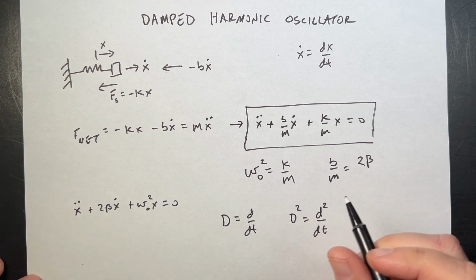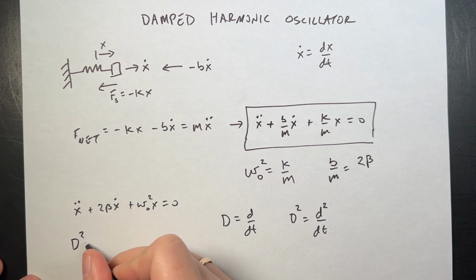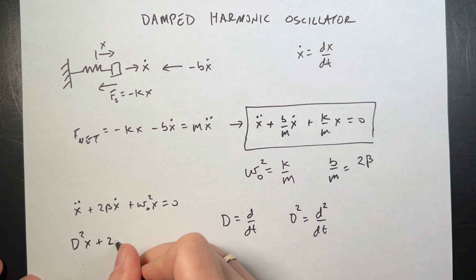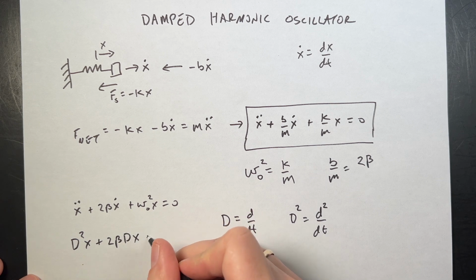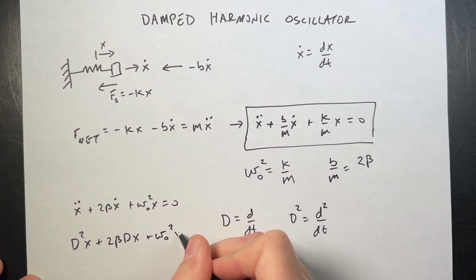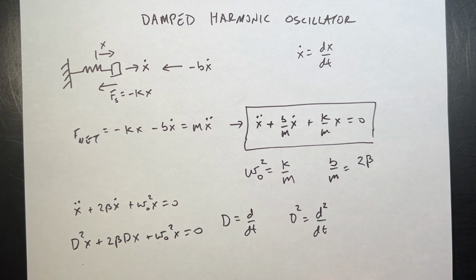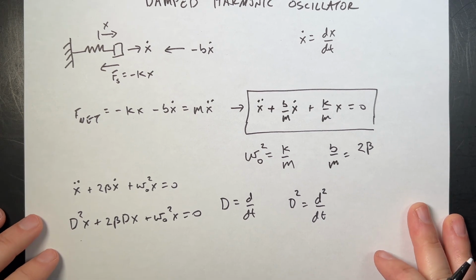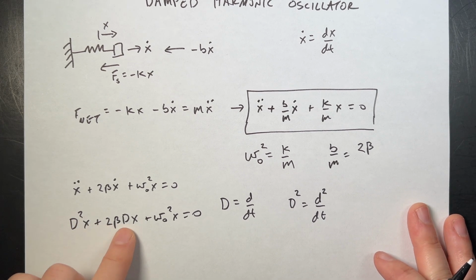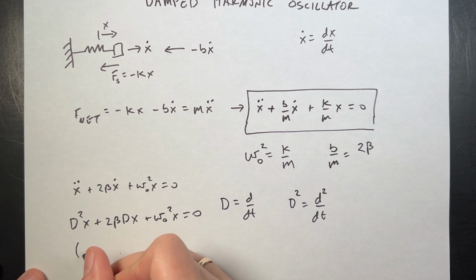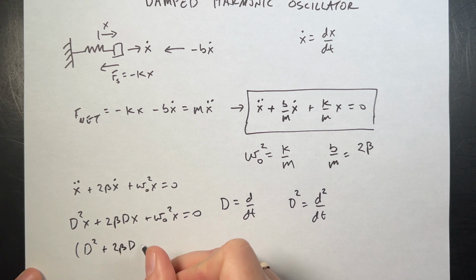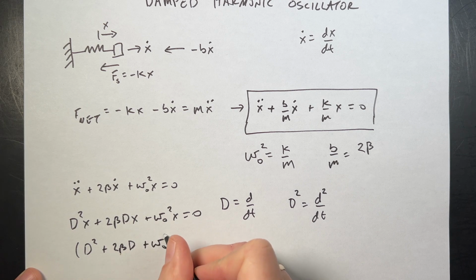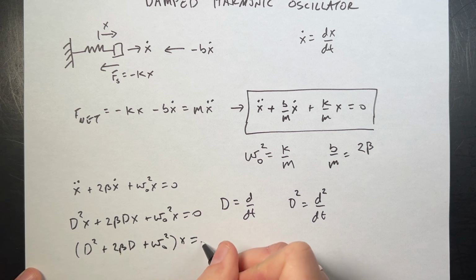So I can write this as D squared x plus 2 beta D x plus omega naught squared x equals 0. And I can then factor out the x, and so I get D squared plus 2 beta D plus omega naught squared, acting on x, equals 0.